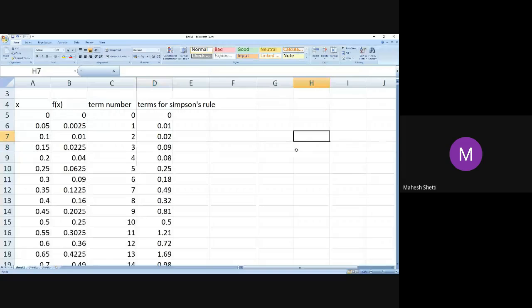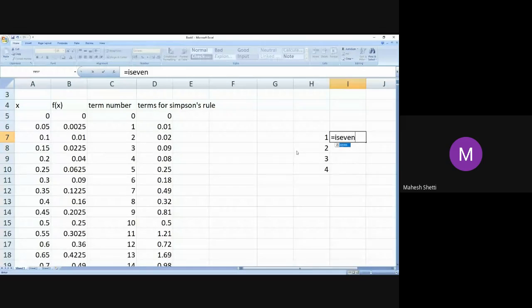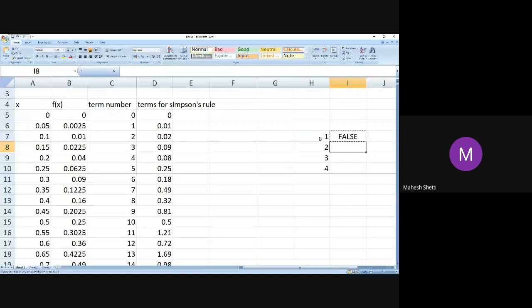Let me write here separately. Suppose I am taking 1, 2, 3 and 4, and I am writing ISEVEN of this number. It gives me the output false. This gives me true. This gives me false, because 3 is not even.